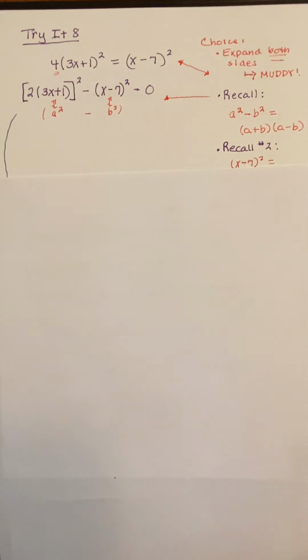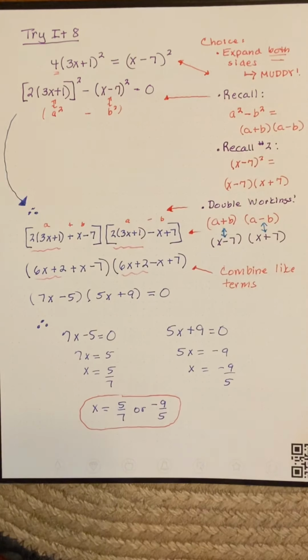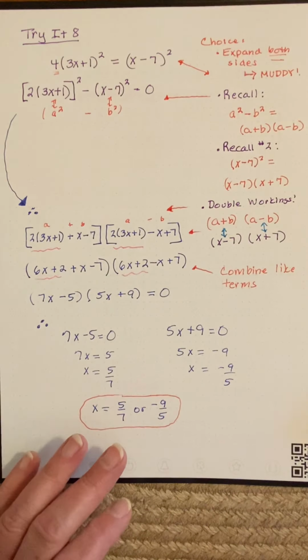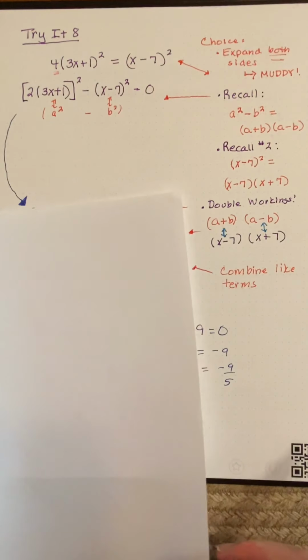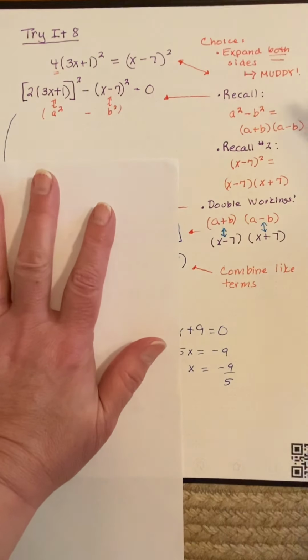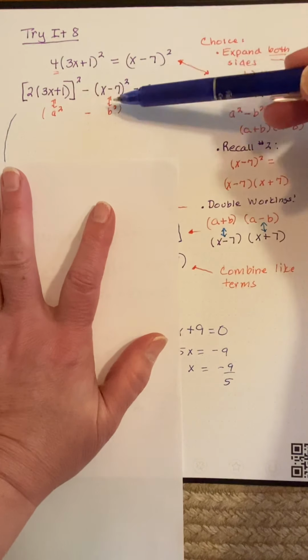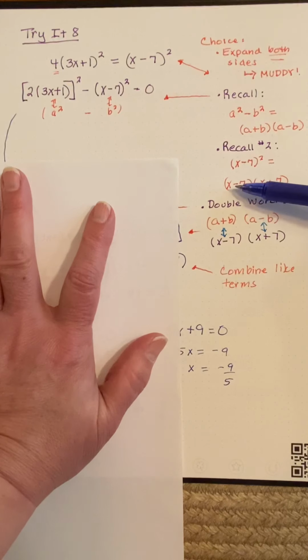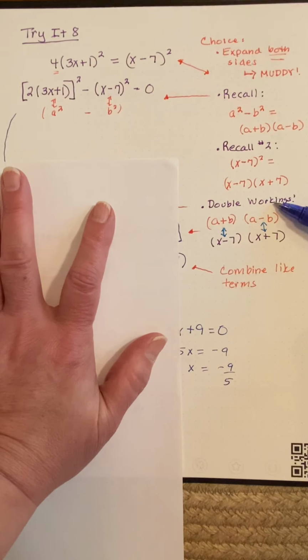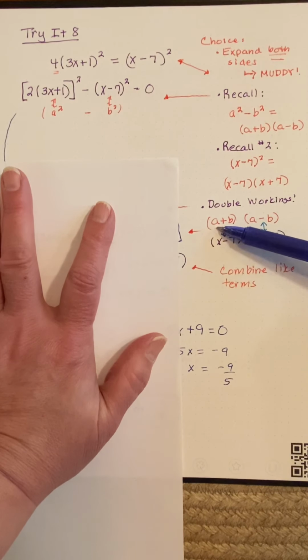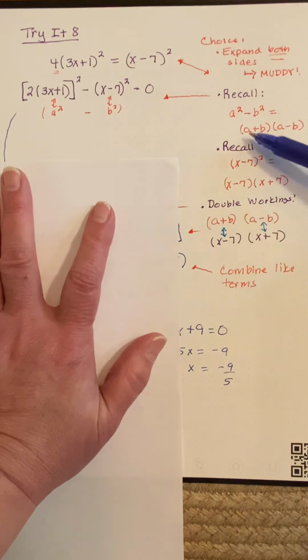Now here comes the thinking. Let me just cover this up before we get ahead of ourselves here. We not only have this form, which we did here, but we are also working with this, which we already remarked is the same as x minus 7 times x plus 7. So you have double workings going on. So you have this, a plus b times a minus b.